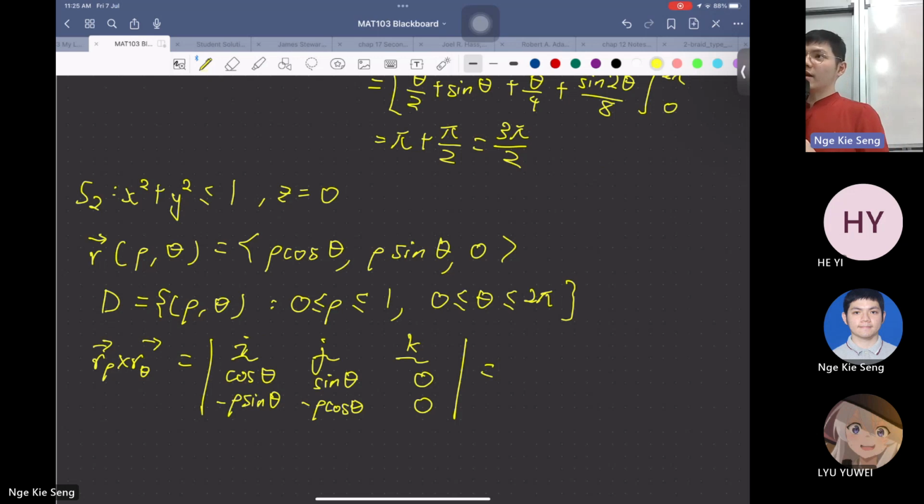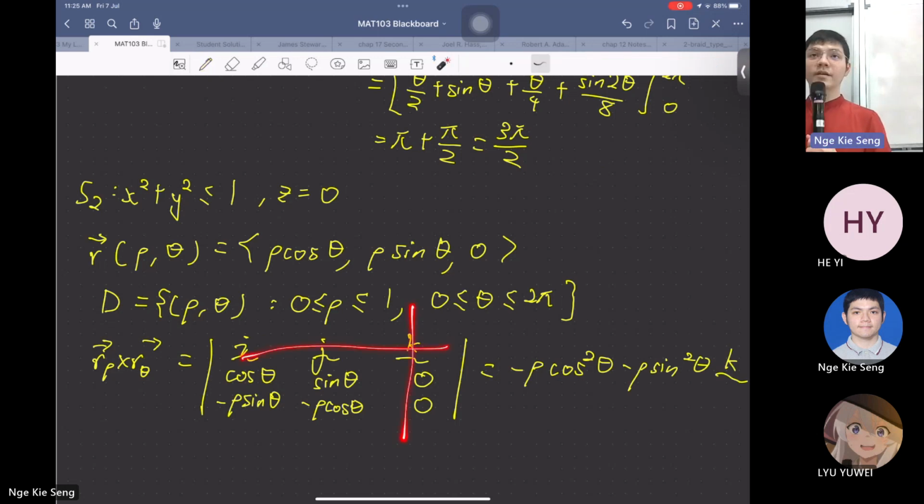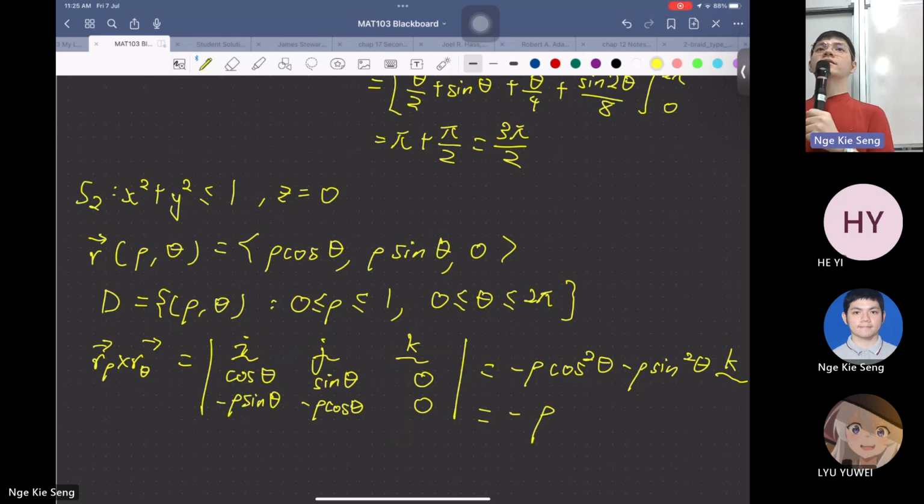I suppose you only get one coordinate, right? The coordinate you will get is just k. So it's minus rho cos squared theta minus rho sin squared theta, k. Only the k component survives, which equals minus rho. Does it make sense?